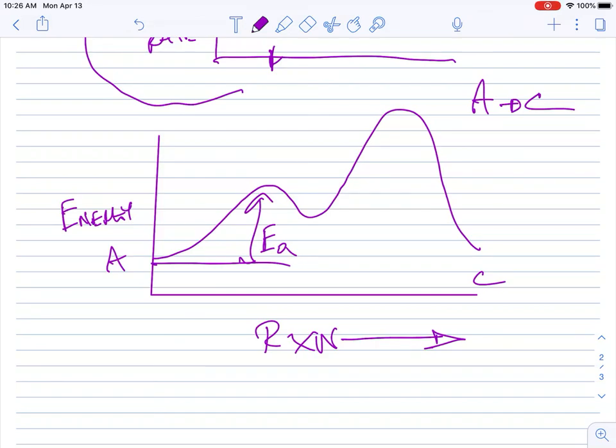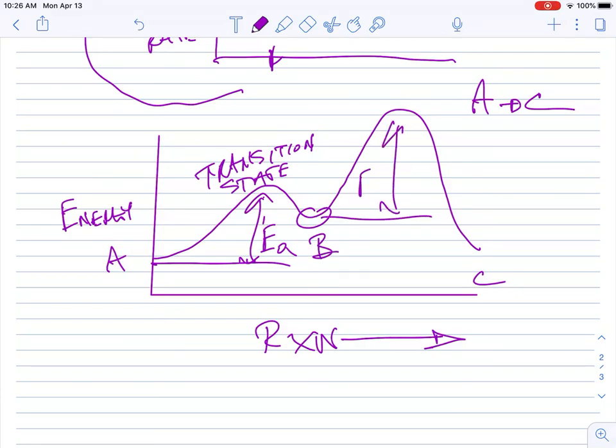This is the first activation energy, and then you're going to have some type of transition state. Then you're going to form an intermediate B. Then B is going to have this big activation energy, and then you're going to have a second transition state up here. And then you're going to form C.